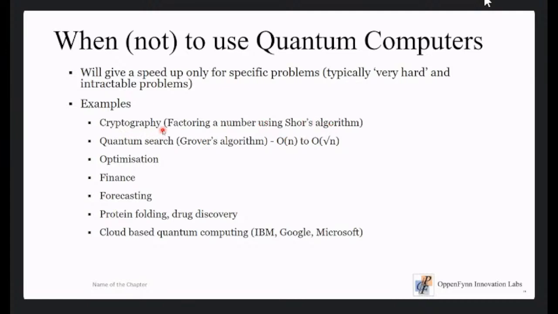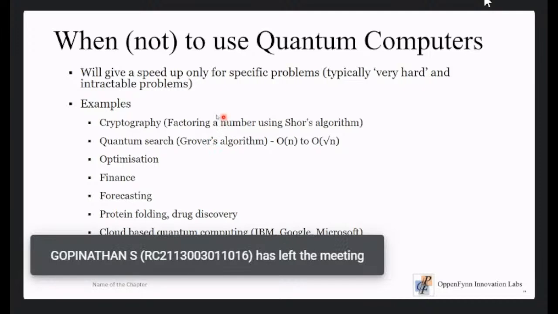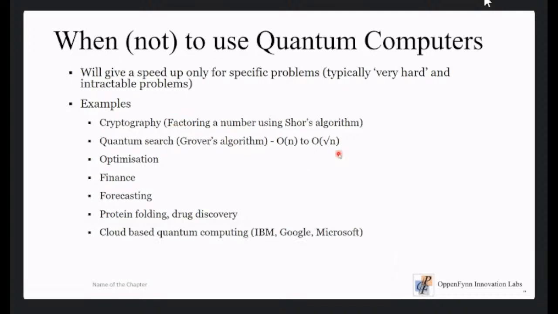Another example is cryptography. As you all know, cryptography is based on the fact that it is very difficult to factorize a huge number. If you have a very big number, it's very difficult to find its prime factors. A classical computer has a very hard time solving it, but it's much easier to solve using a quantum computer.